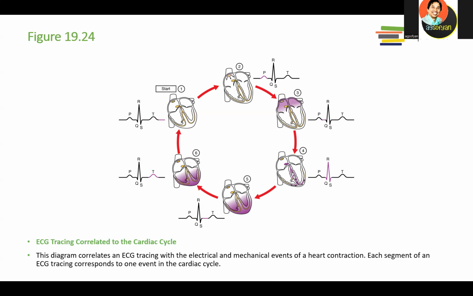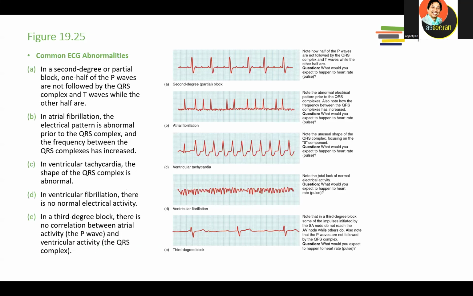So this is the same cycle over here with these different measurements on the graph, telling you the stage of this cycle. This is some abnormality.